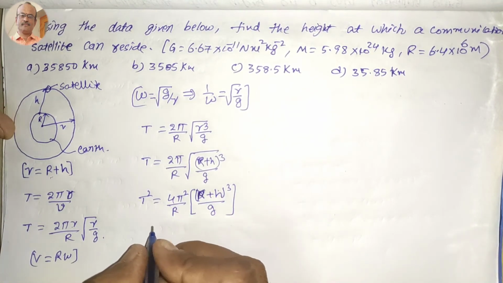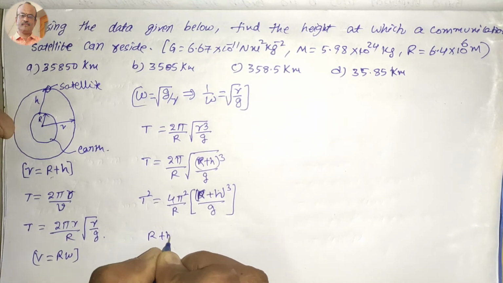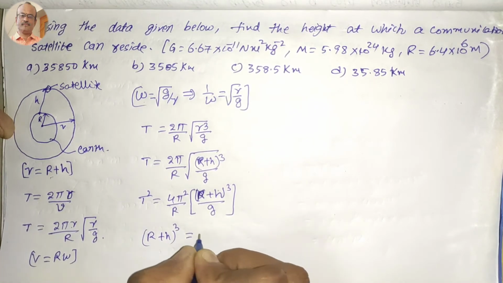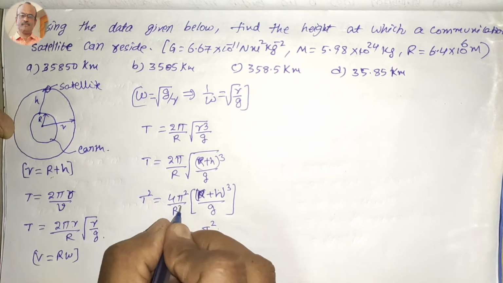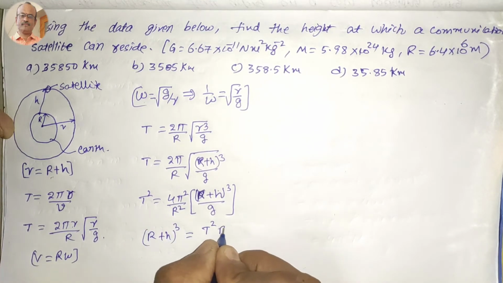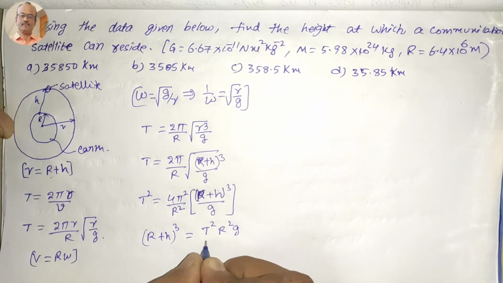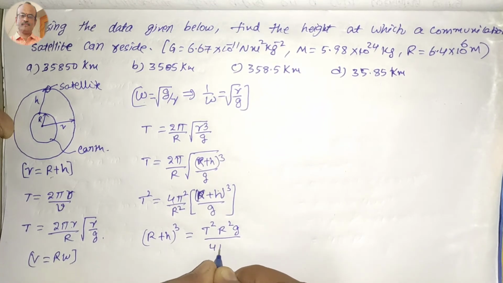And now here I will write (R plus h) whole cube is equal to T square R square g divided by 4 pi square.